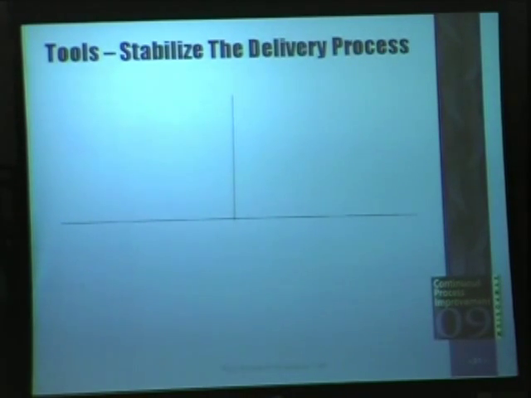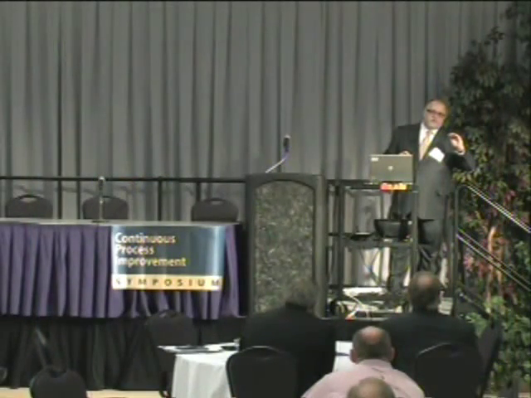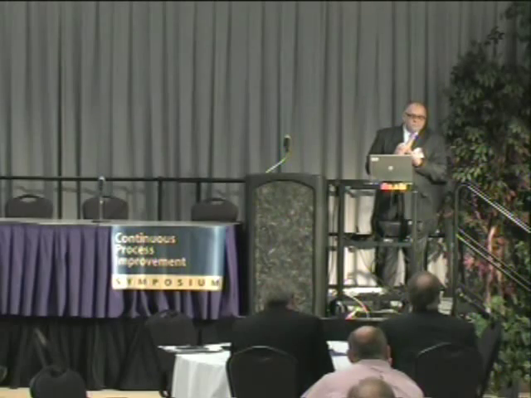Before we go off and improve things and create a whole bunch of continuous improvement teams, and we teach everybody 5S and Six Sigma, let's make sure that we can get the eggs to the table while they're still hot. And so what we do is level loading, very simple, make sure that we can do simple stuff to satisfy the fundamental need of our customer before we get sophisticated.